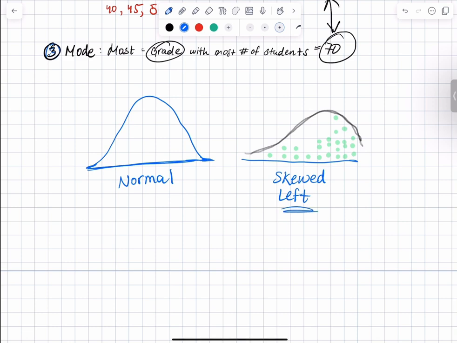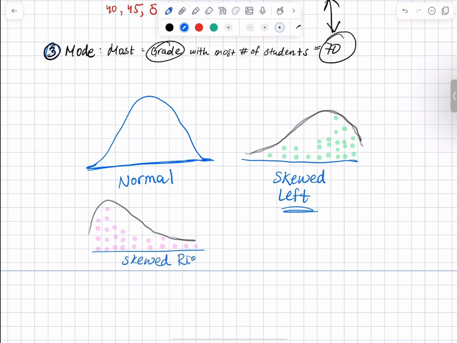And if we had something like this, where the students didn't do so well, like this class absolutely didn't get the message that there was a summer assignment, and they just missed out, this would form a distribution called skewed right.